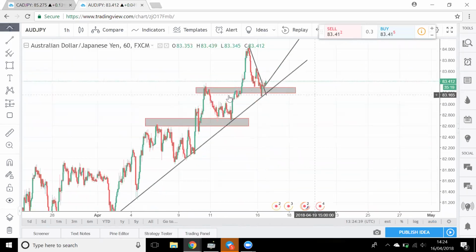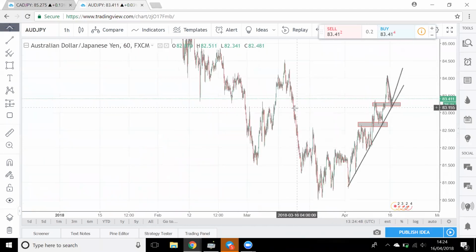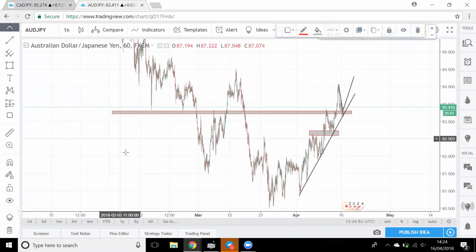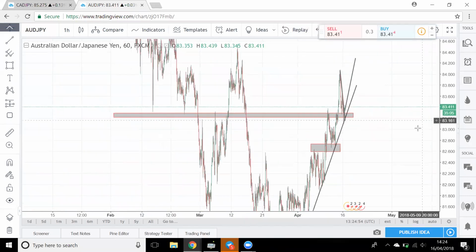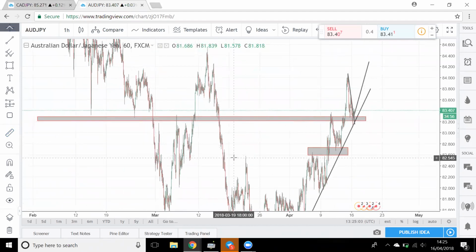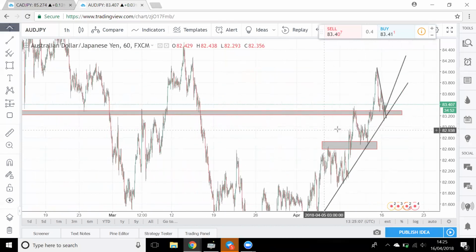Once we see a break in this zone, market has changed structure. For now, we're good. This is nice buys now. So if people wanted to take these buys, you could take buys right now and have your stop loss at 20 pips. Very good trade, a good Monday trade to take.